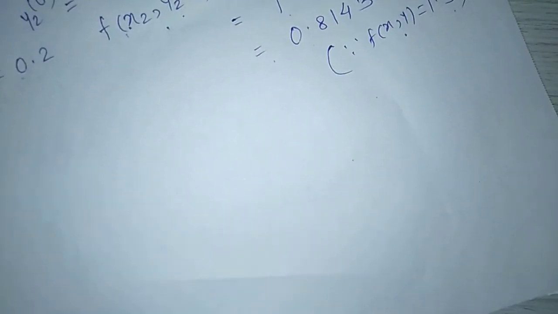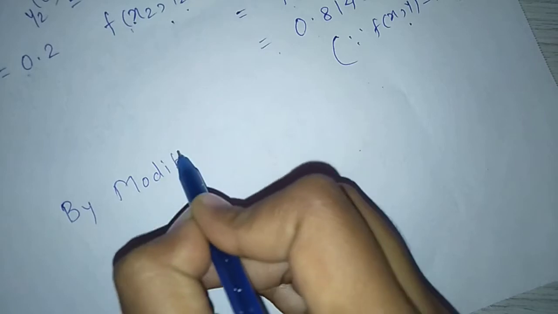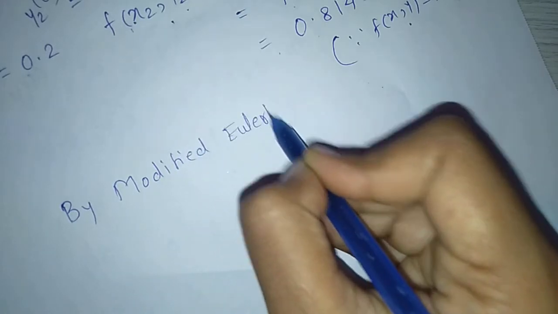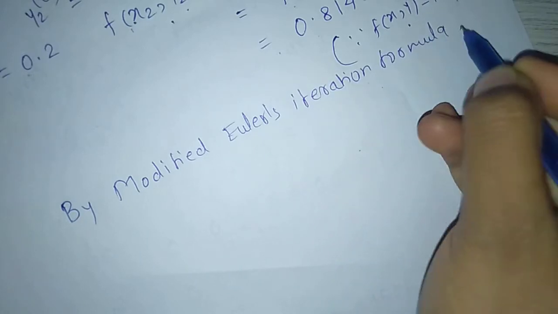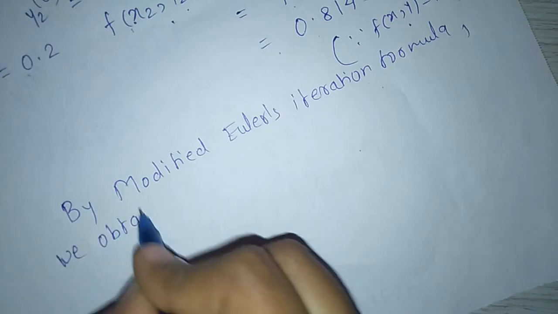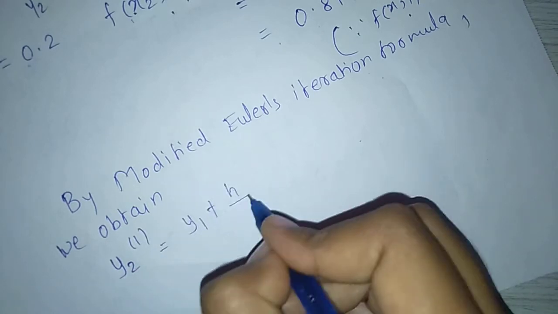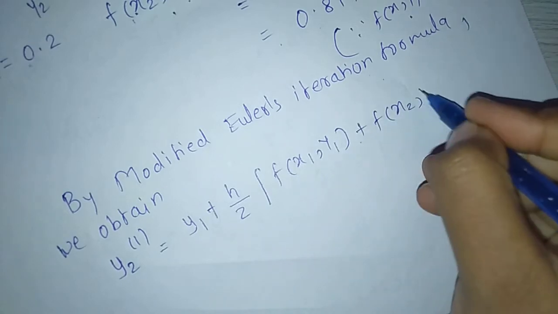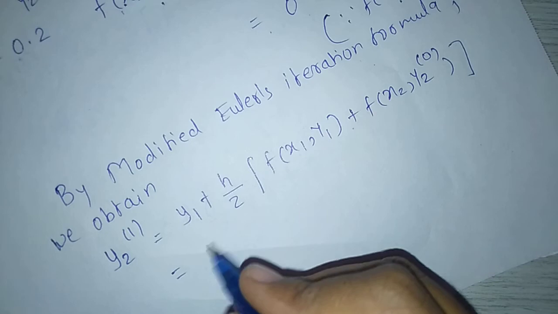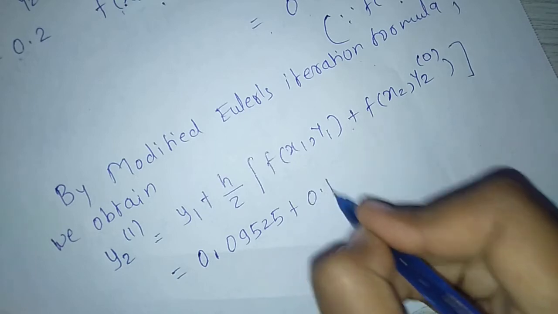Now, by the modified Euler's iteration formula, we obtain y2 raised to 1 equal to y1 plus h upon 2 times f of x1, y1 plus f of x2, y2 raised to 0, which is equal to 0.09525 plus h, 0.1, upon 2.